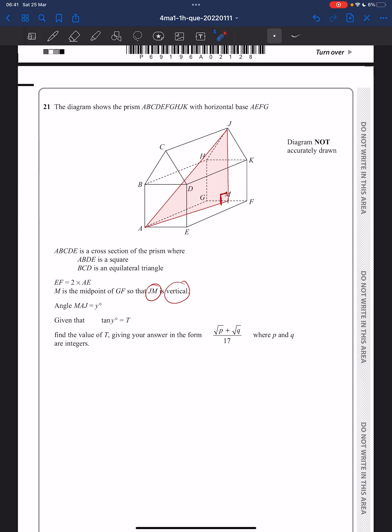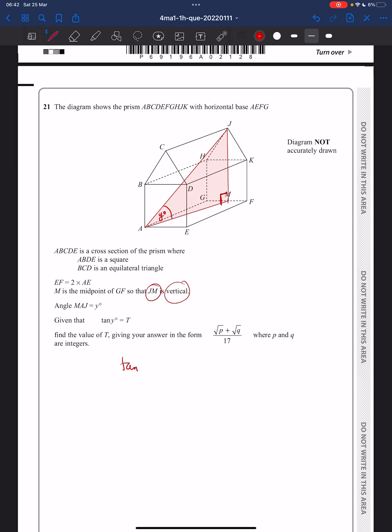Okay, so thinking, what have we got here? We need some lengths, and we need tan Y. Tan Y, M to A to J is Y, so that one there, that's Y degrees.